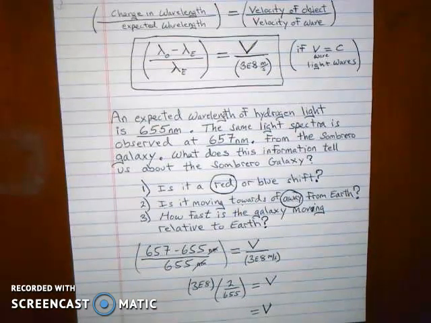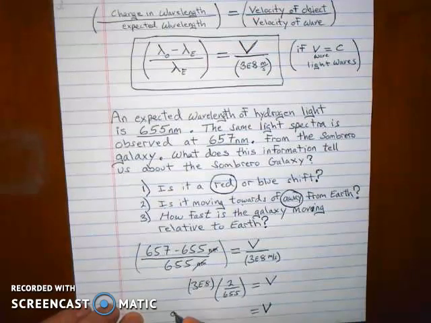Substitute those values into your calculator. And we get about, I'll just round this to 3 digits, 916,000 units of meters per second relative to us.